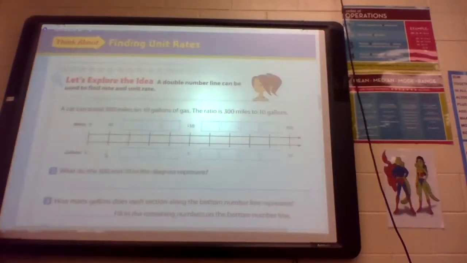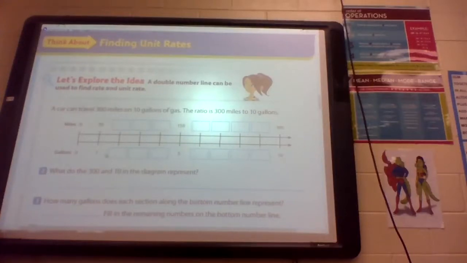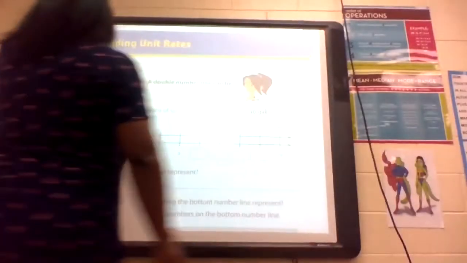A car can travel 300 miles on 10 gallons of gas. So the ratio is 300 miles to 10 gallons, right? So how many miles is 1 gallon? Look at your chart. How many miles is 1 gallon? 30. All right.